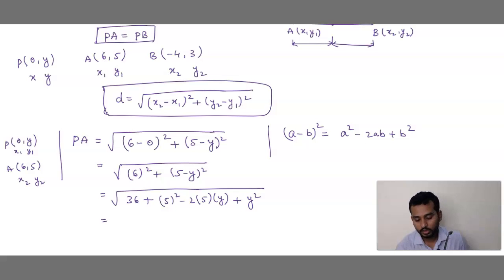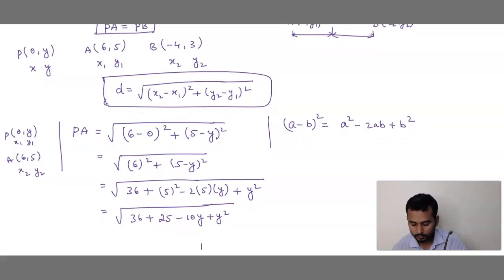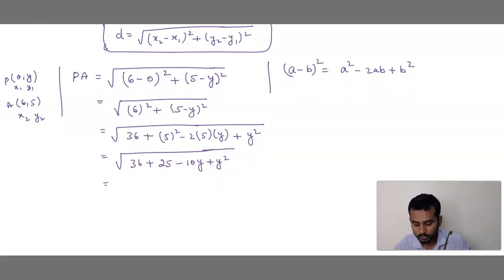Now it is equal to root of 36 plus 5 square, 25, minus 2 fives are 10y plus y square. It looks very big but the concept is very small. 36 plus 25 is 61, minus 10y plus y square.